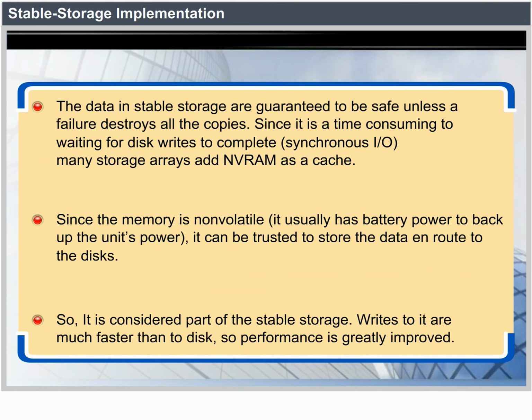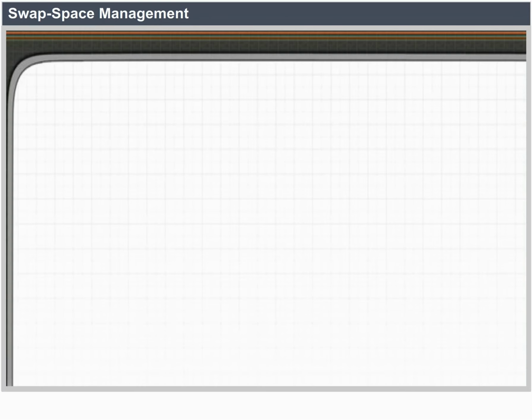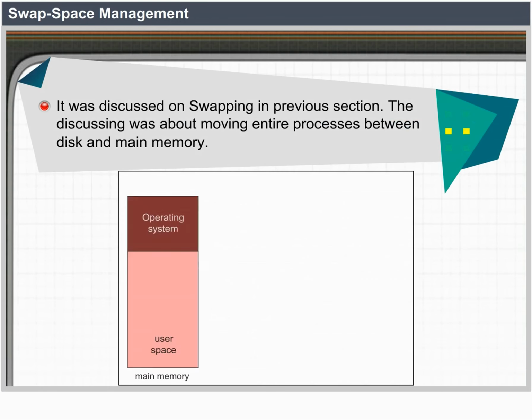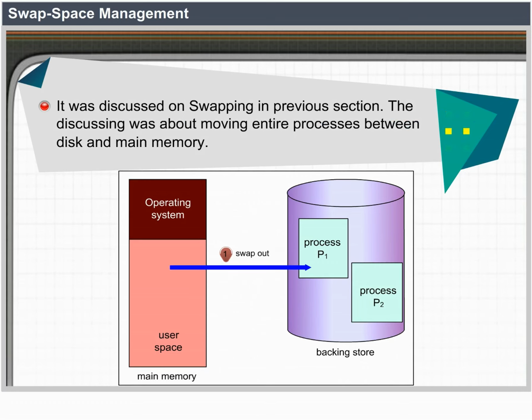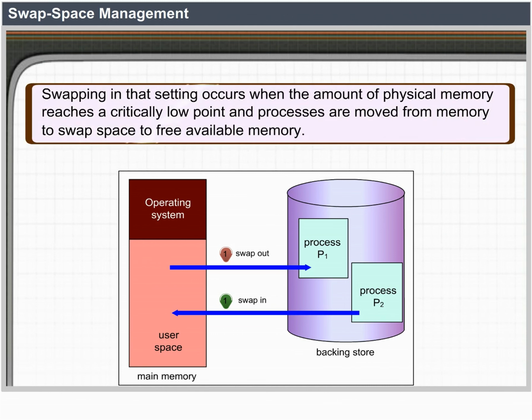Swap space management. Swapping was discussed in a previous section where we discussed moving entire processes between disk and main memory. Swapping in that setting occurs when the amount of physical memory reaches a critically low point and processes are moved from memory to swap space to free available memory.